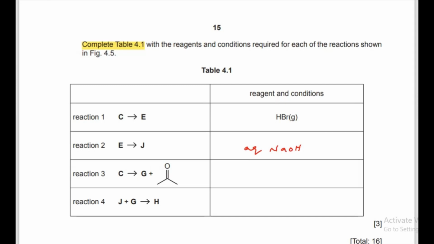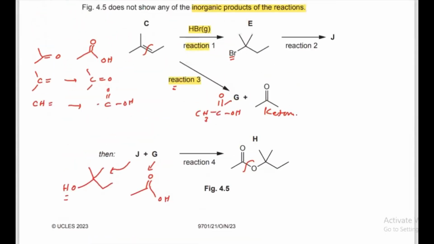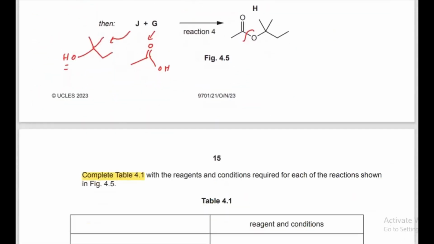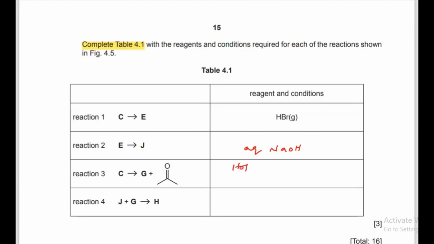Now C to G plus this is, as we have already explained, the oxidation, and this oxidation will be done by hot and concentrated KMnO4.